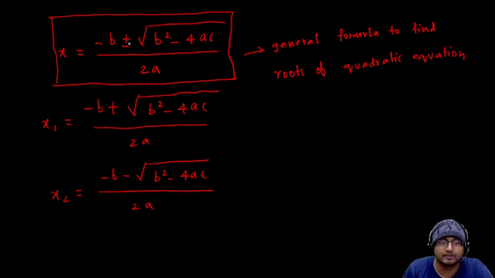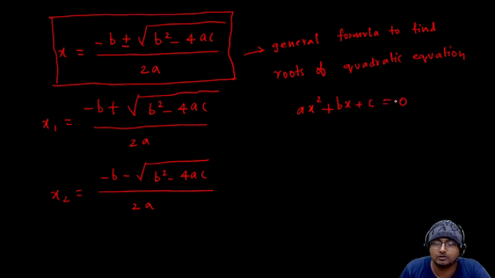So one root is with plus and the other root is with minus. This is the general formula. We know that the standard equation is in the form ax square plus bx plus c equal to 0, and by comparing any other given equation with this standard form, we will get the a, b, c coefficient values. Then we substitute these values in this formula to find the two roots, x1 and x2.